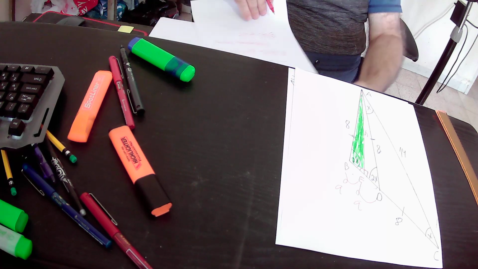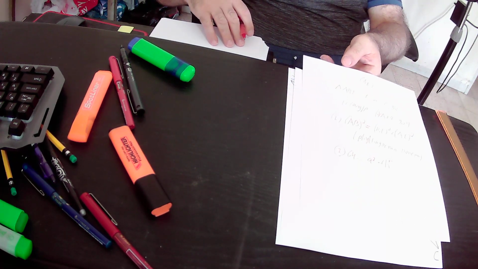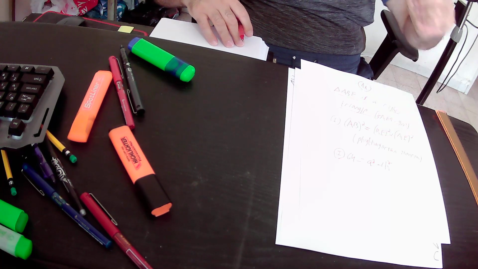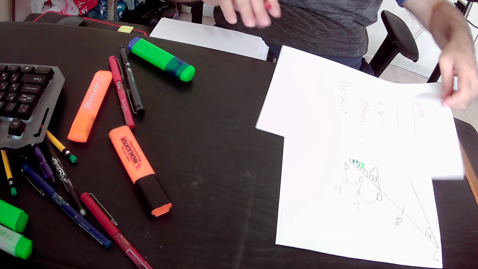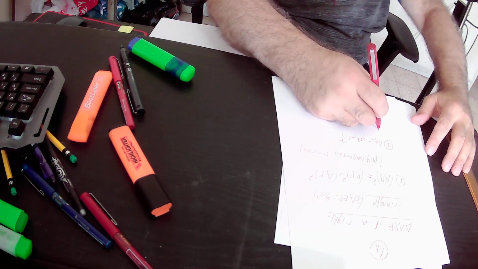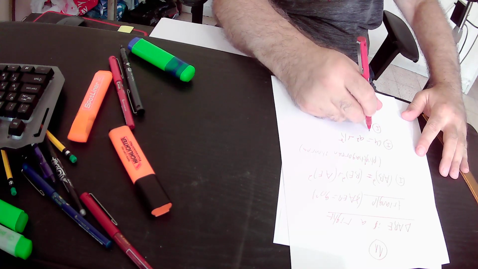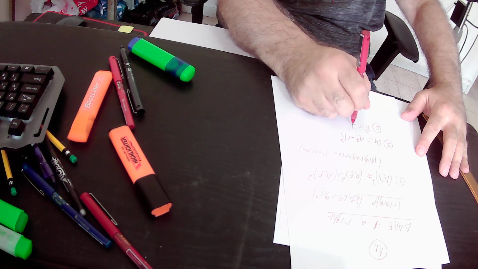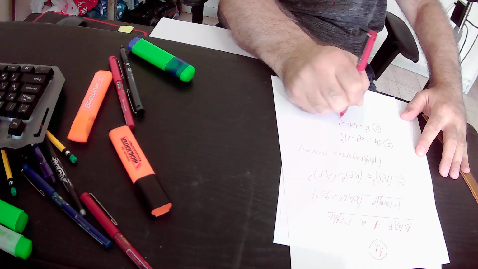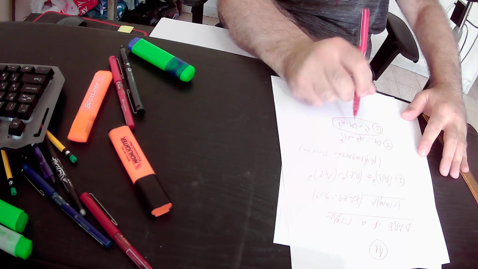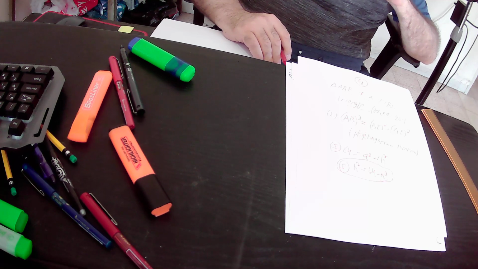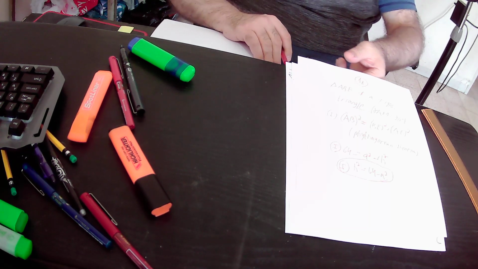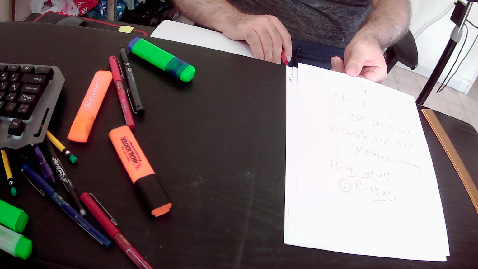So we got 64 equals A squared plus H squared. Subtracting A squared, we get H squared equals 64 minus A squared. This is equation number 1.